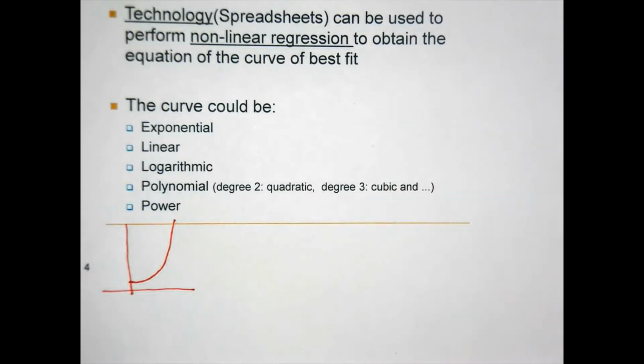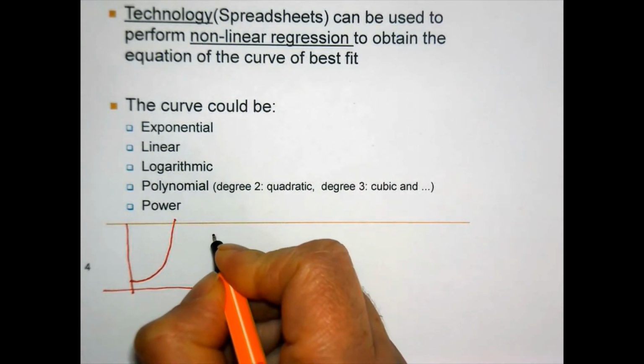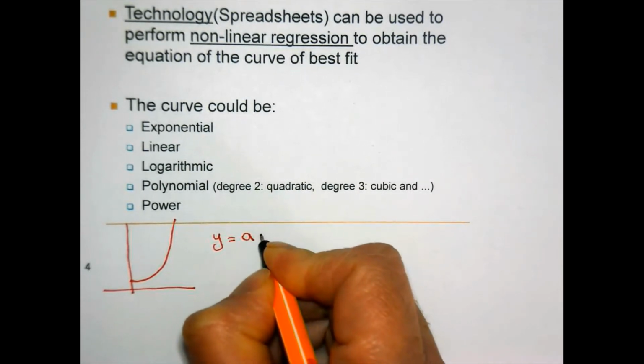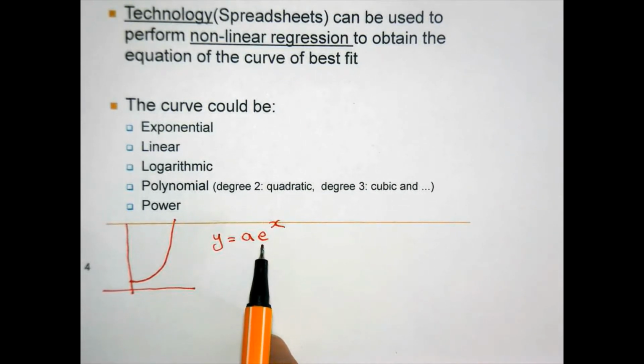Typically, if your data looks like this, the equation given to you by the technology will be in the form of y equals a number times e to the exponent x. You have learned this irrational number e in calculus. It is similar to pi. It is an irrational number, and its name is Napier's e.